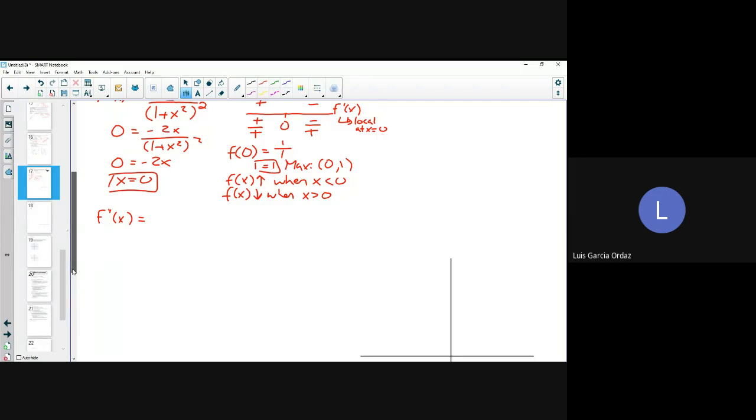So if I take my second derivative, again, I have to use my quotient rule. So I get negative 2 times (1 minus 3x squared) over (1 plus x squared) to the power of 3. Or you can use, not quotient rule, you can use the product rule. You just bring your positive numerator up and make it negative.